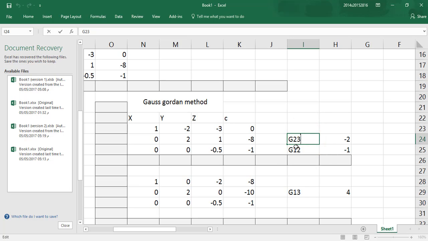G23 stands for the second row and the third column.